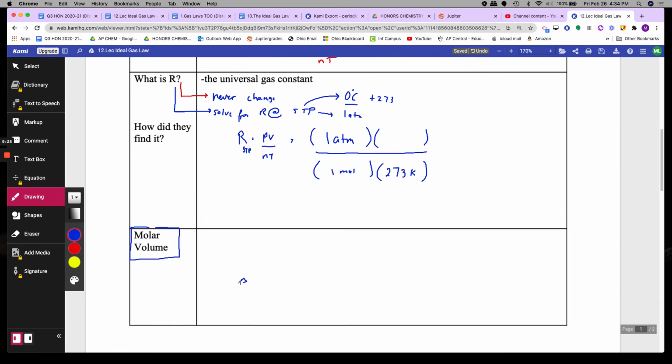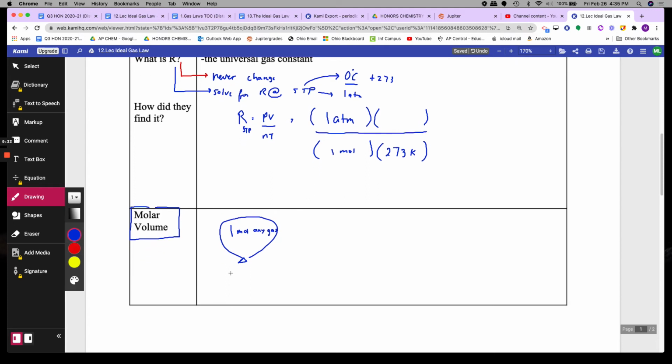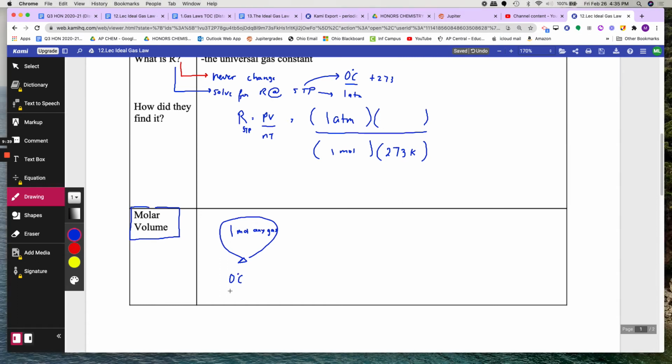If you take a balloon and you put 1 mole of any gas and you put it in a room at 0 degrees Celsius, which is STP, and 1 atm, your balloon will be 22.4 liters. So the molar volume of a gas is 22.4 liters, the volume of 1 mole. And of course, only in these conditions, which is STP.